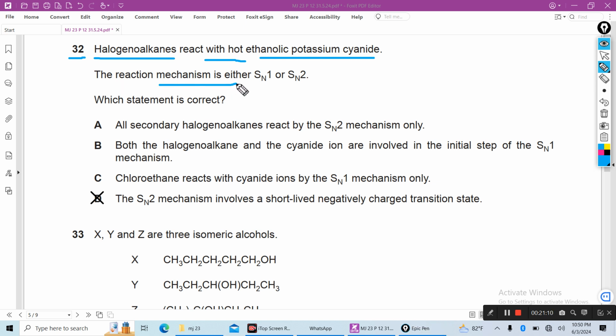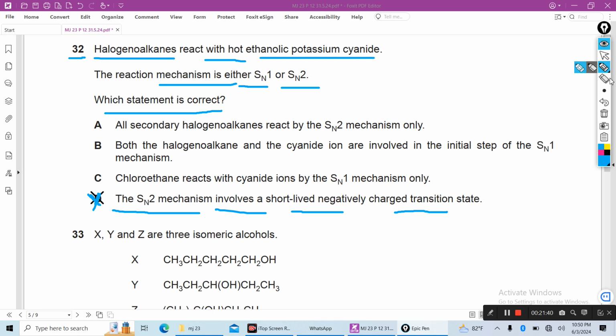The reaction mechanism is either SN1 or SN2. Whose statement is correct? D is the correct one. The SN2 mechanism involves a short-lived negatively charged transition state, and you know in SN2 a transition state is formed which is negative. So D is the right answer.